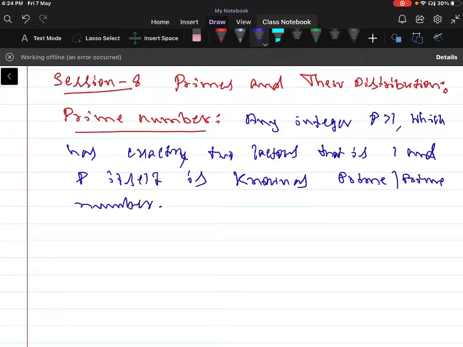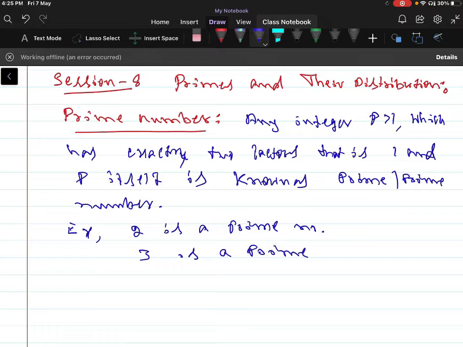For example, 2 is a prime number. It is an even prime number because this number 2 has only two factors, 1 and 2 itself. Again, 3 is a prime number, so this is divisible by only 1 and 3 itself.